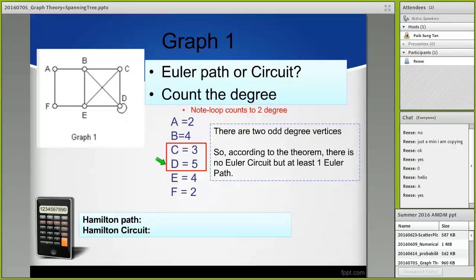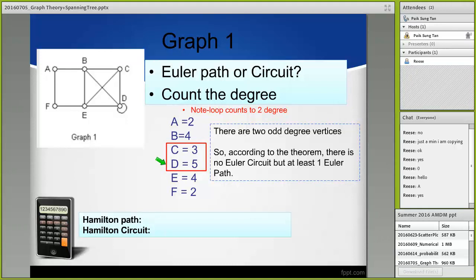It doesn't matter how it goes, as long as you pass through every vertex. For a Hamilton path you can start and end at a different vertex, whereas for a Hamilton circuit, you have to start and end at the same vertex. You don't have to go through each and every edge exactly once.